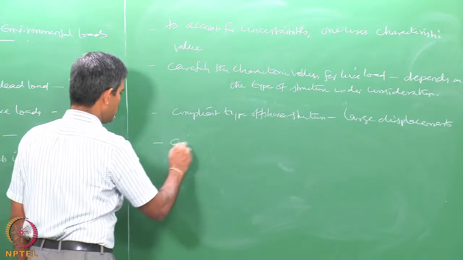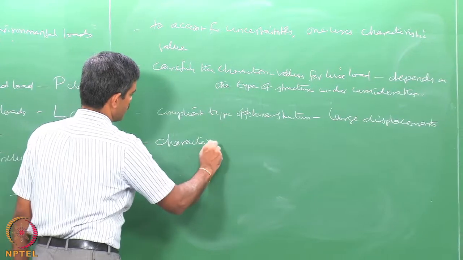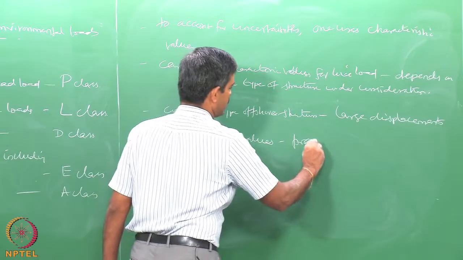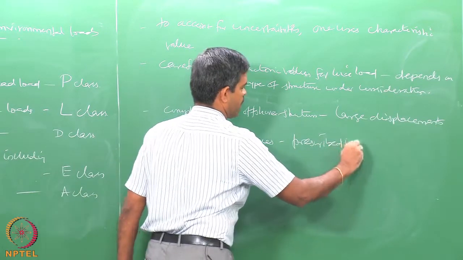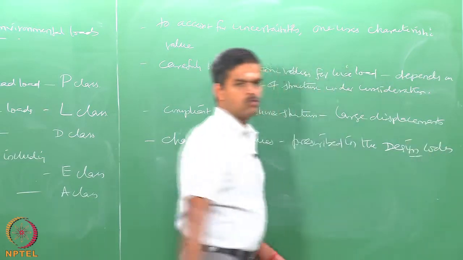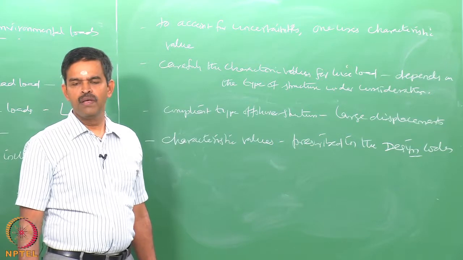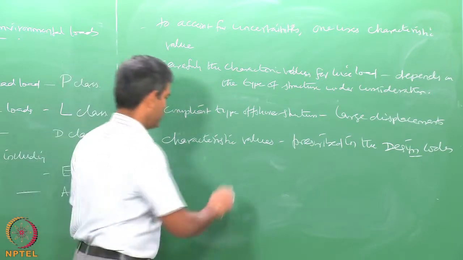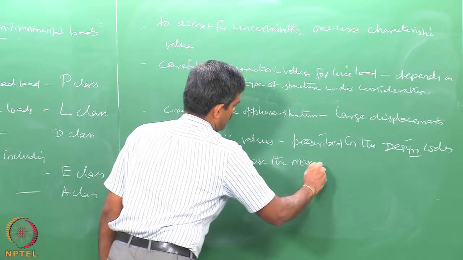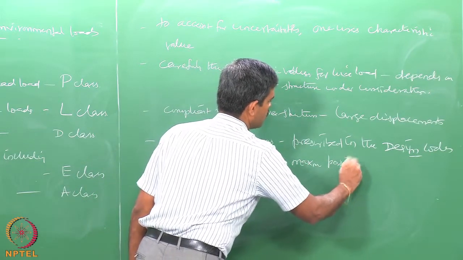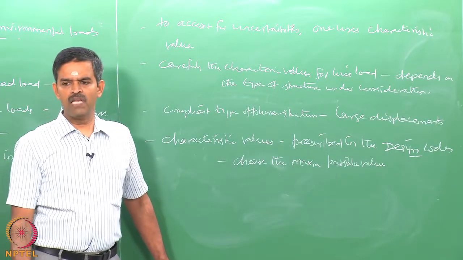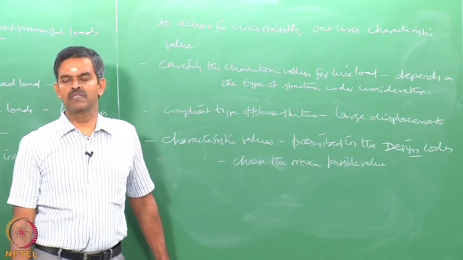So, characteristic values prescribed in the design codes should be carefully chosen. It should be the maximum possible value. You must choose the maximum possible value because this value will be associated with a very high degree of uncertainty.